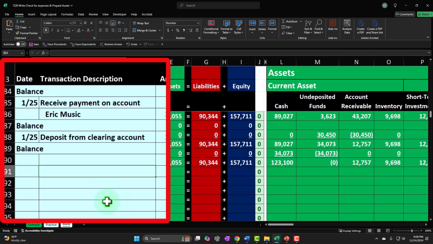Now, in some software like QuickBooks, they'll have a difference between a check form and an expense form. So sometimes they'll call it the expense form, but it's basically the same thing. It's the same exact form, basically, except the expense form doesn't have a field for a check number because it's going to be like an electronic transfer. But just keep the terminology in mind.